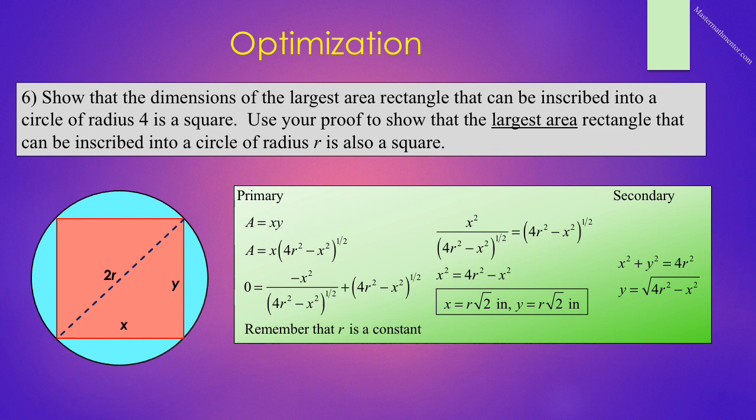So we now replace our y with 4r squared minus x squared to the 1/2 power. Everything remains the same, and we end up getting x squared equals 4r squared minus x squared, and therefore x is equal to r root 2 and y is equal to r root 2.